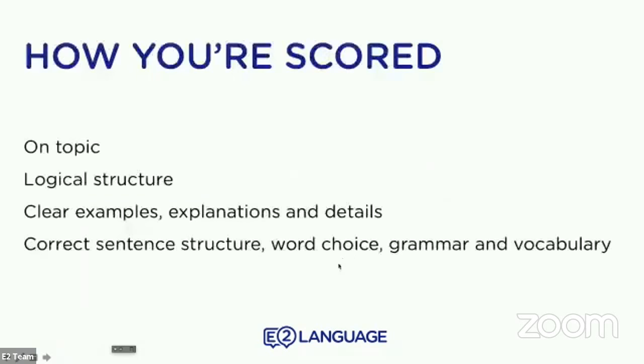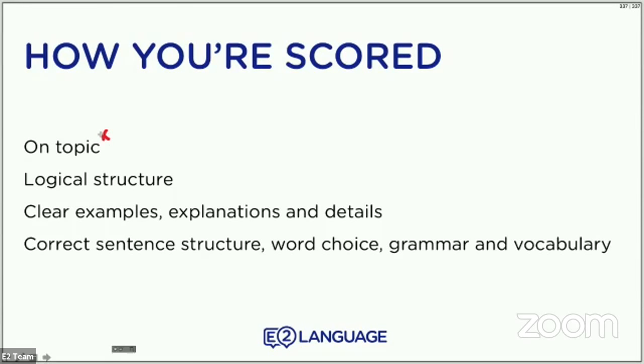So let's just think about how you are evaluated in your writing for your TOEFL, because that's what you need to understand. So you're scored on these four things, especially in the independent essay that you wrote on topic, that you used a logical structure. Again, if you haven't seen the video, check it out up there somewhere. It's the independent writing essay structure.